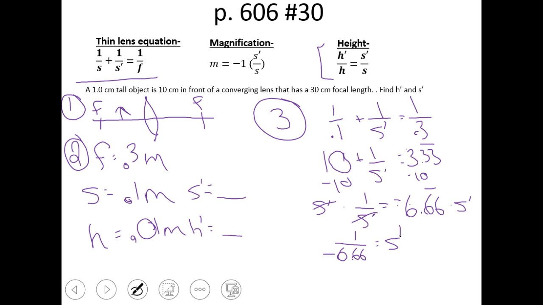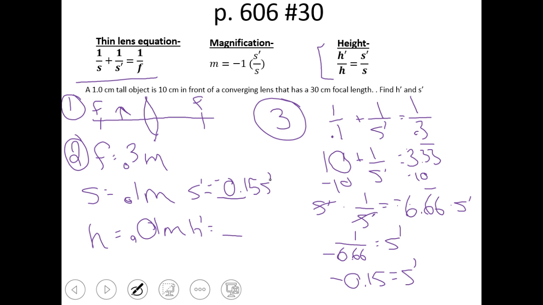Alright, and then once I do that division, I wind up with negative 0.15 equals s prime. Alright, and so this was originally 10 centimeters away from the lens, and now it's 15 centimeters away from the lens.